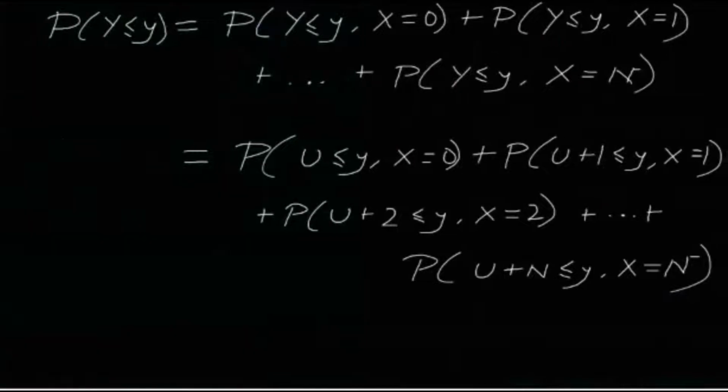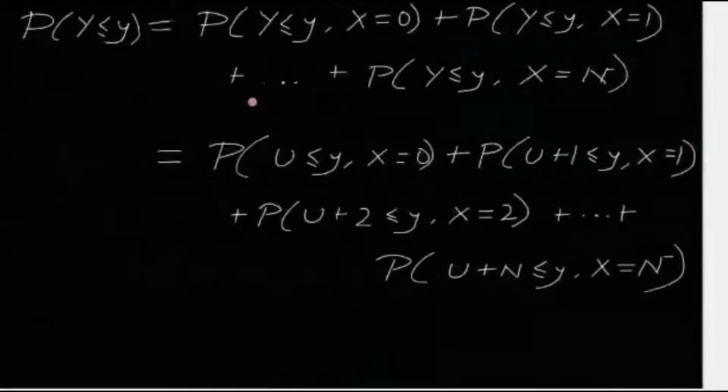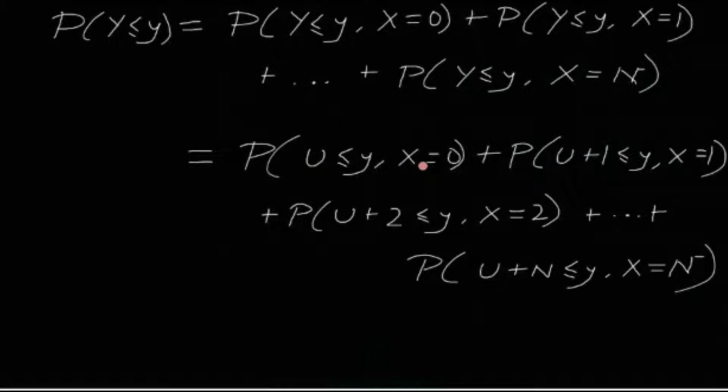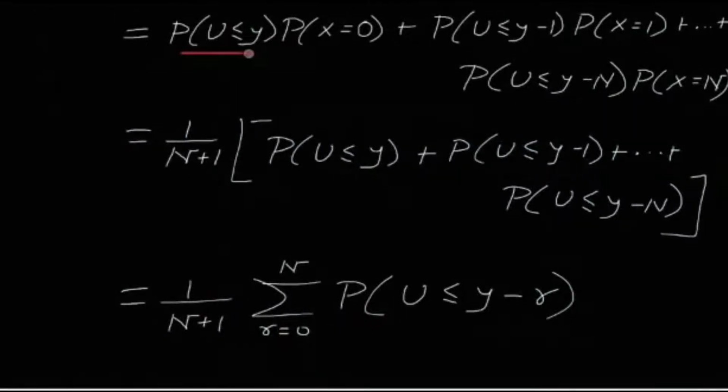Now, since U and X are independent, as stated, we can distribute the probability. So now it's probability U less than or equal to y times probability X equals 0, plus probability U less than or equal to y minus 1 times probability X equals 1, and so on.